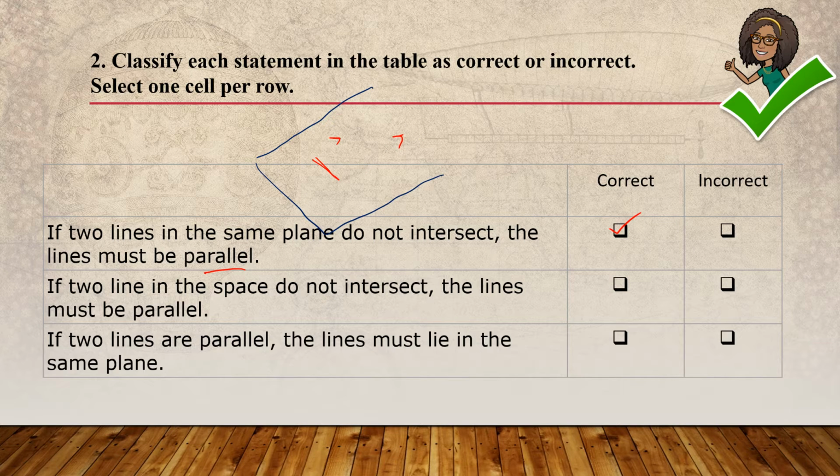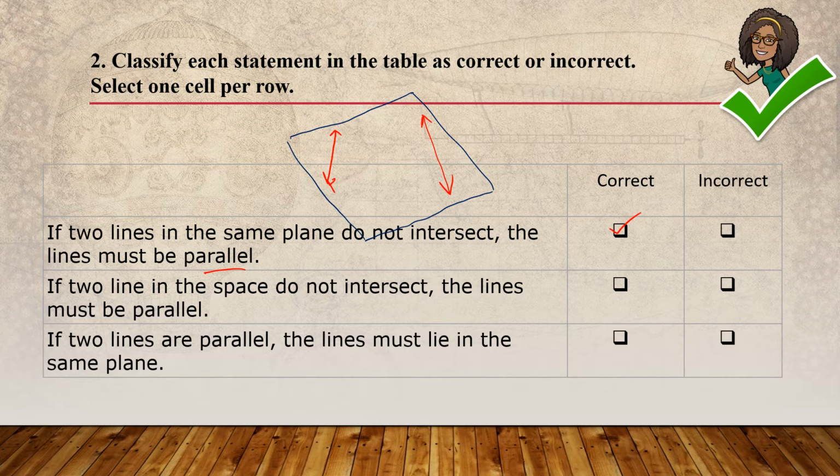All right, let's look at the second statement. It says if two lines in space do not intersect, the lines must be parallel. Are they still considered to be parallel? I can have a line over here, and I can have a line over here.